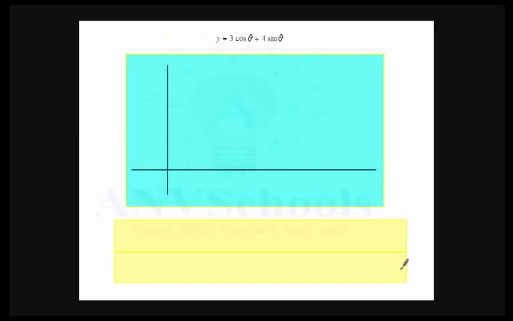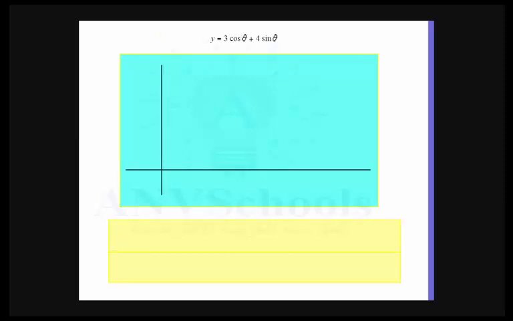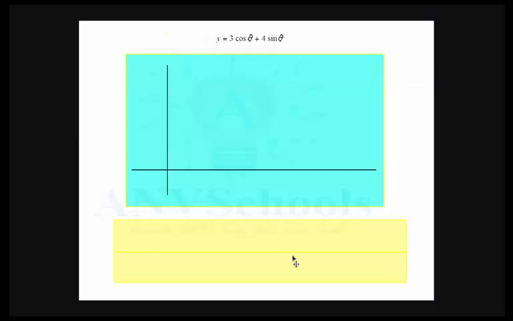Okay, so let's do the same for y is equal to 3 cosine of theta plus 4 sine of theta. And let's have the angles and also the values of 3 cosine theta and 4 sine theta.